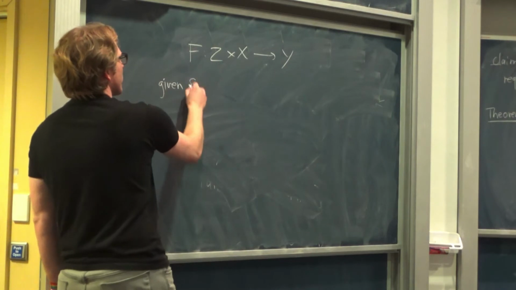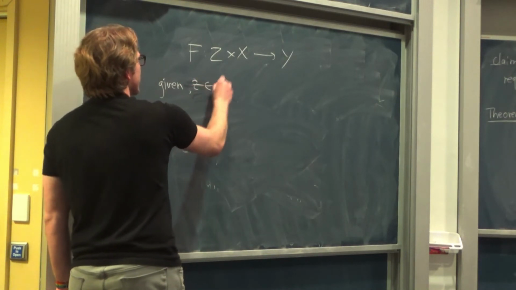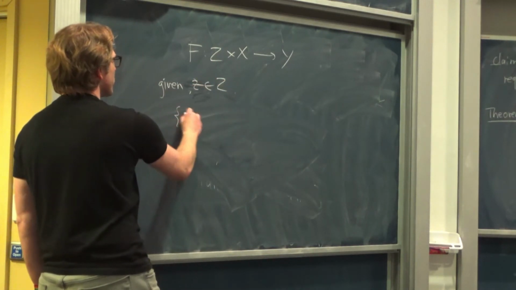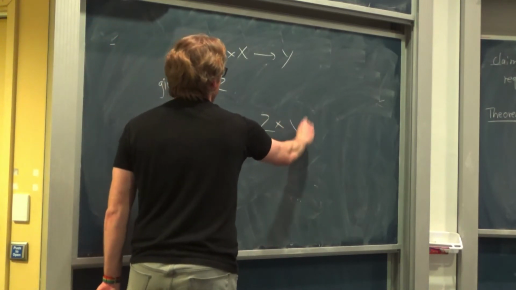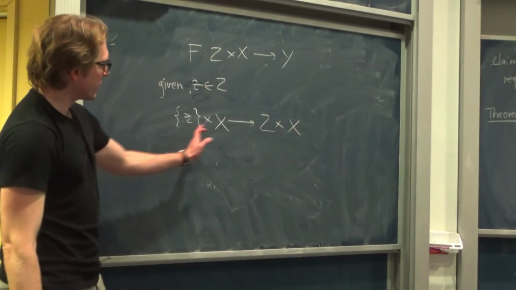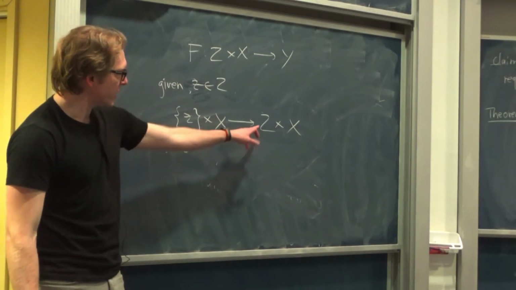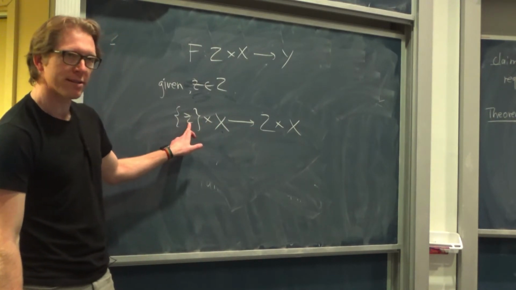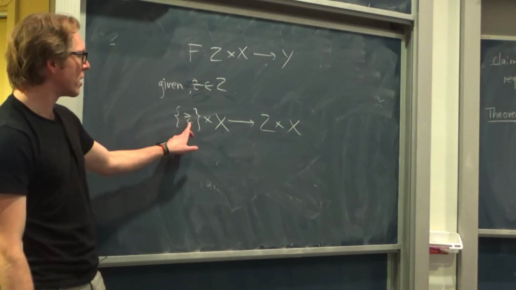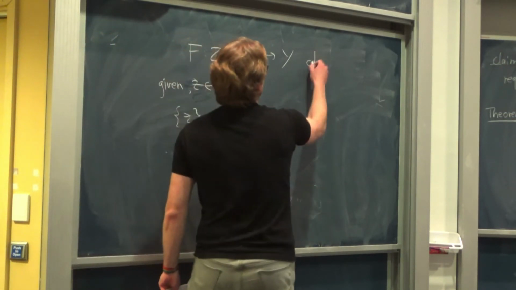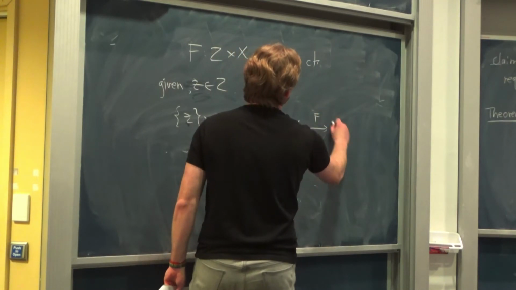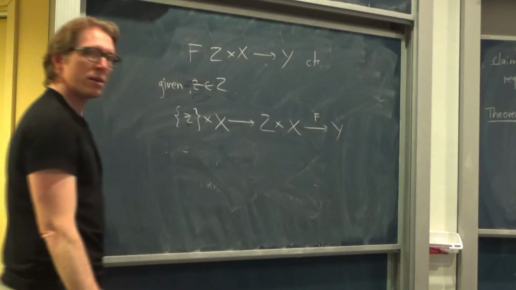Then, given a z in Z, I can look at the function which takes x and sends it to (z, x). That's the Cartesian product of two continuous maps, the identity on X and the inclusion of a point. That's discrete, so that inclusion is continuous. So if f is continuous, then post-composing with f, that composite is continuous.